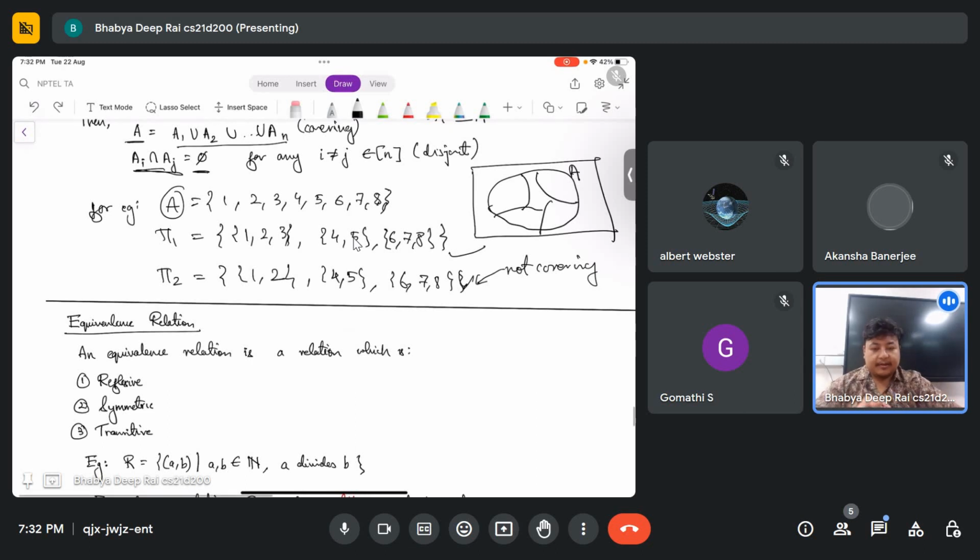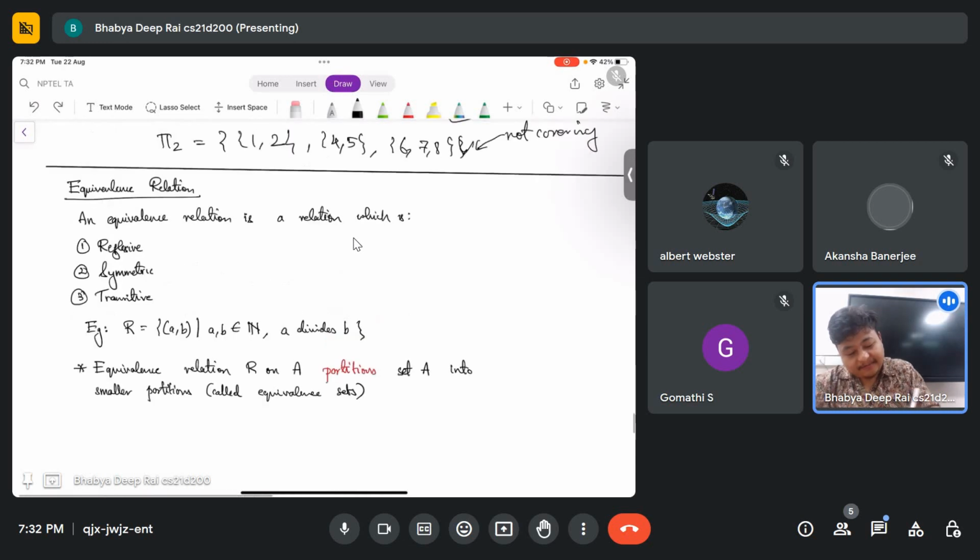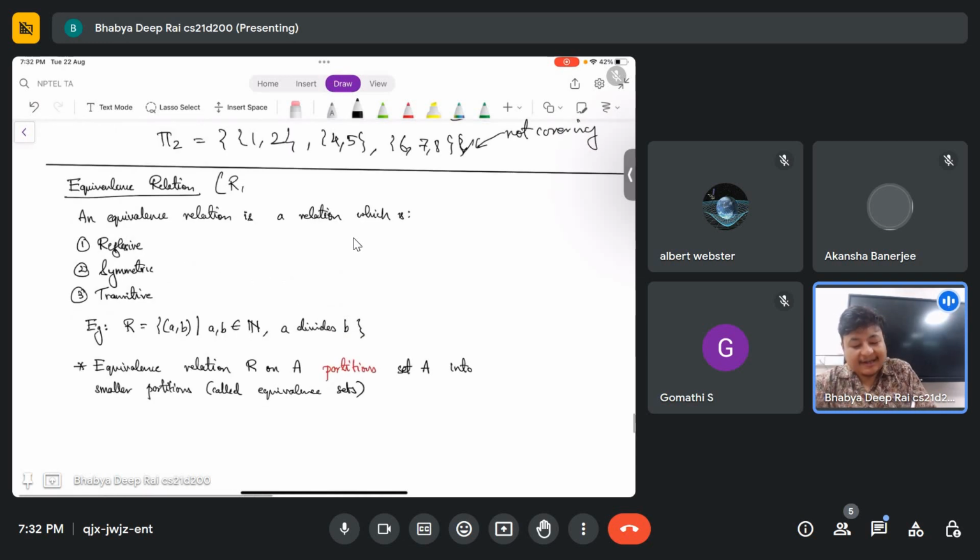So equivalence relation. Remember this as RST. An equivalence relation is a special type of relation. If a relation is said to have these properties, reflexive, symmetric, transitive, then our relation is said to be an equivalence relation.